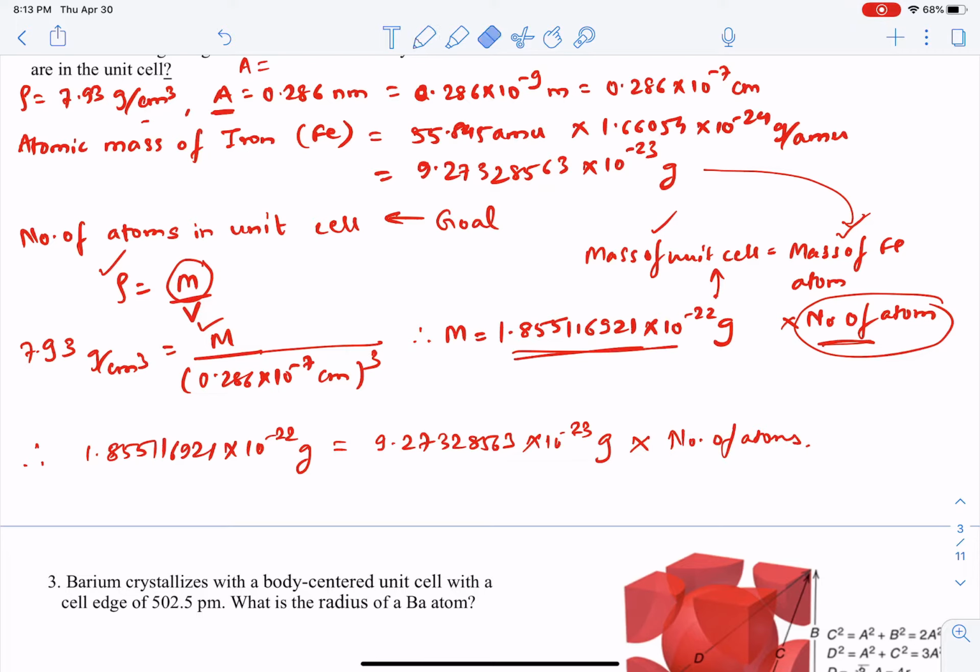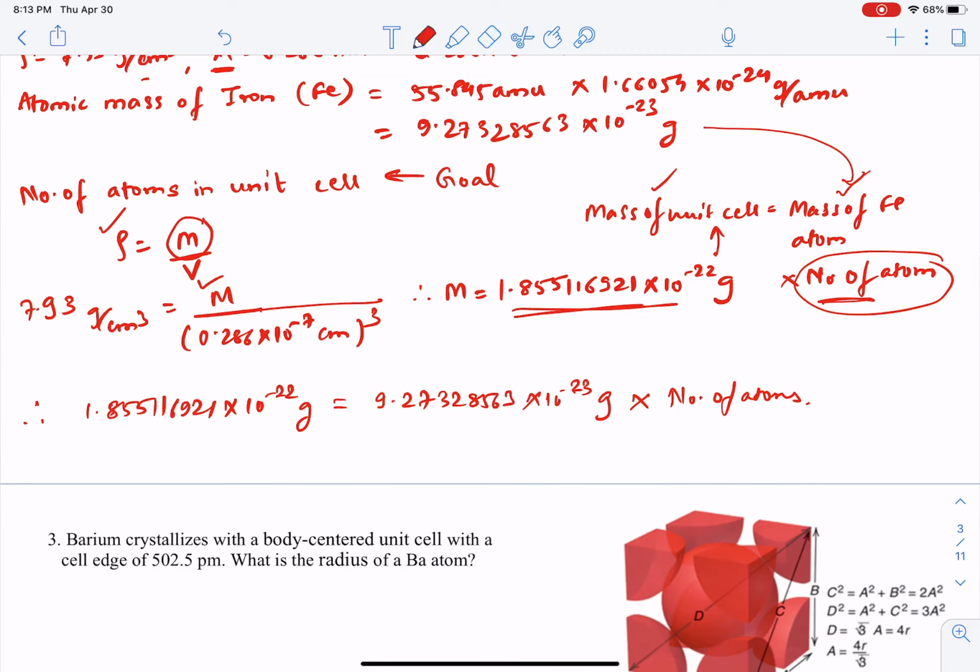So what you get is the number of atoms equal to 2.000, something like that. So we can say there are 2 atoms in a unit cell.